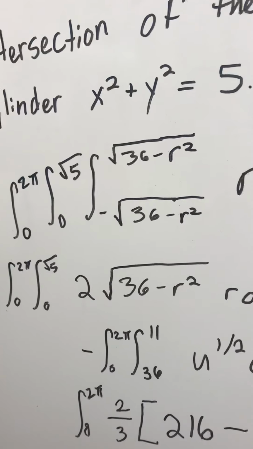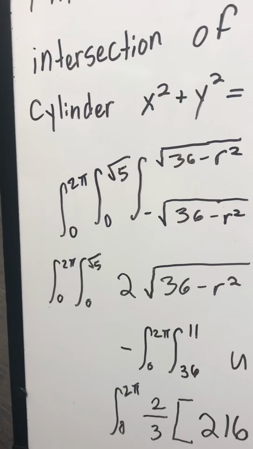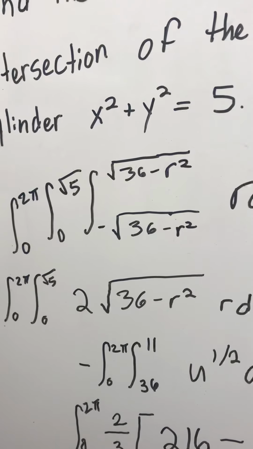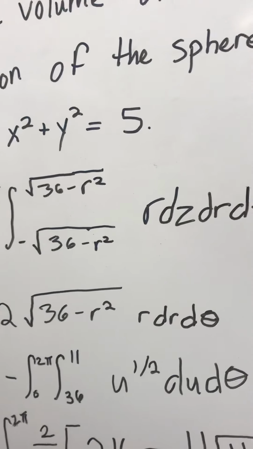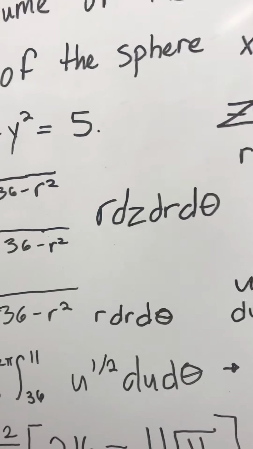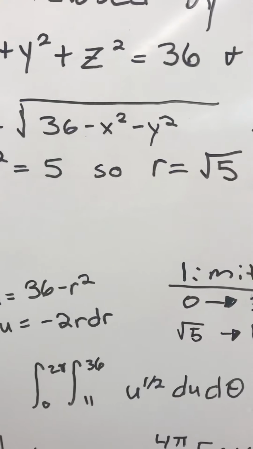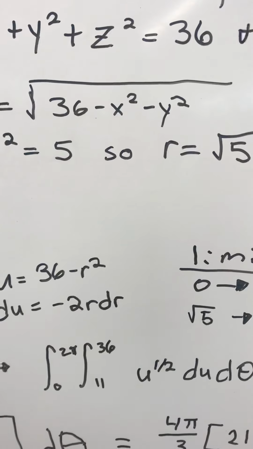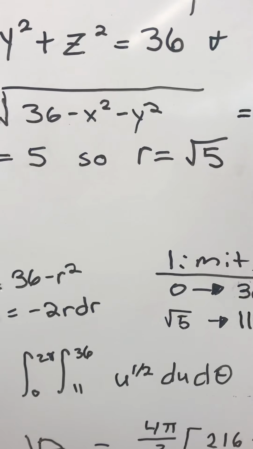So we have the negative double integral from 0 to 2 pi and 36 to 11 of u to the 1/2 du d theta, which I don't like that negative, so I'm going to switch my limits of integration to make that positive again. So we have 0 to 2 pi, 11 to 36, u to the 1/2 du d theta.